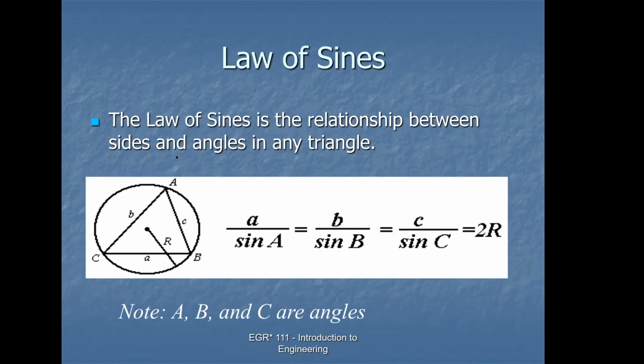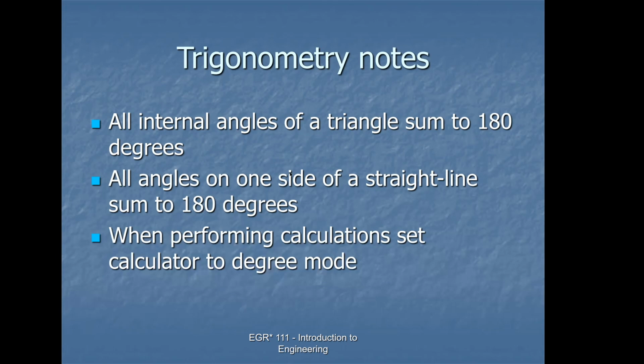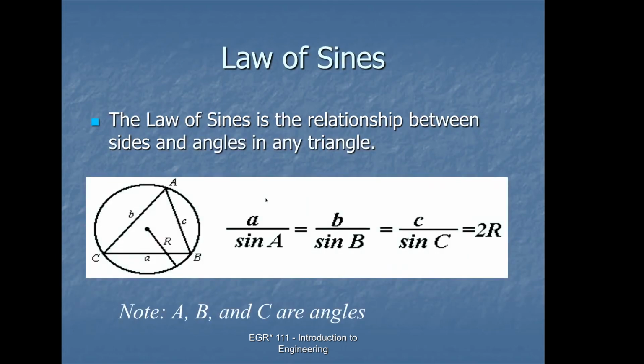One more thing that's going to be useful as we solve problems is the law of sines. The law of sines is a relationship between the sides and the angles, and it works for any triangle, while the basic trig functions apply when you have 90 degrees. What does this mean?